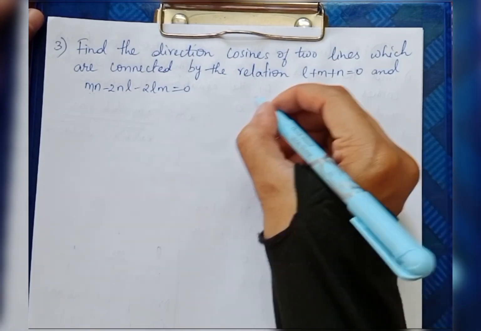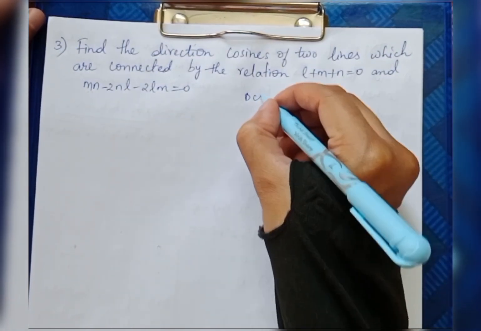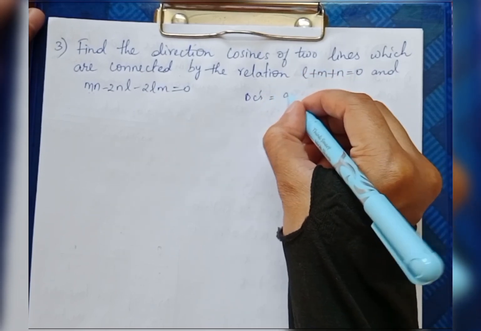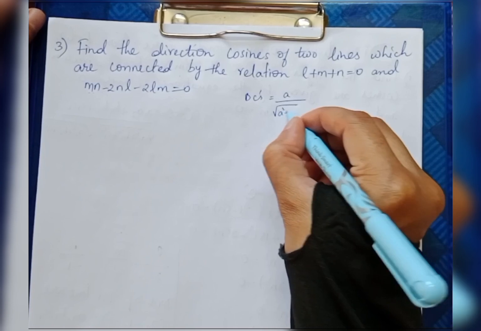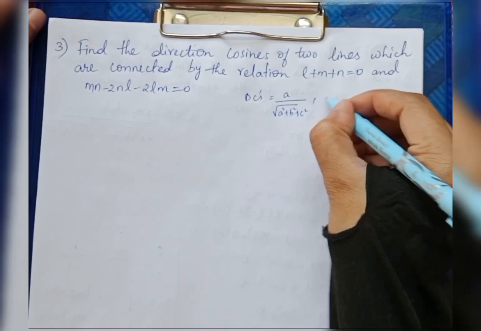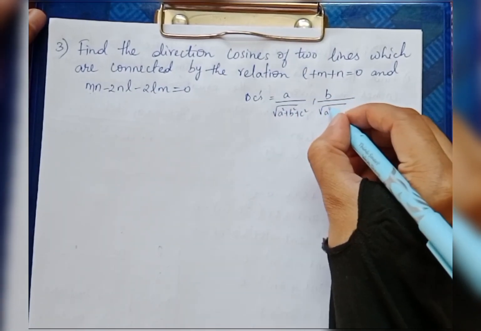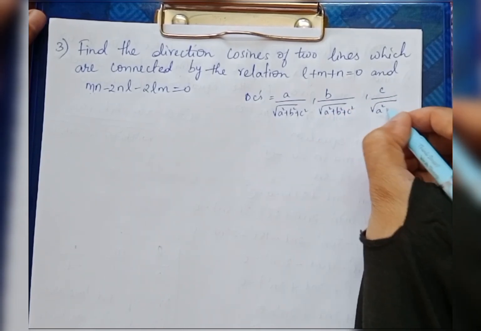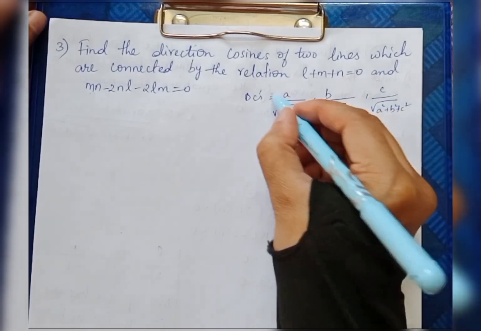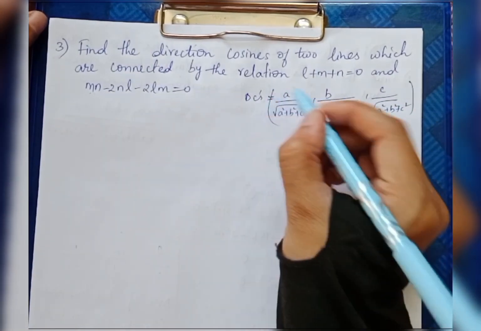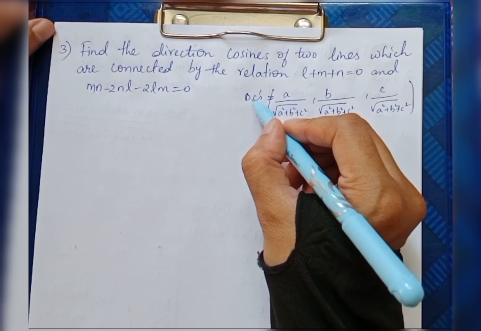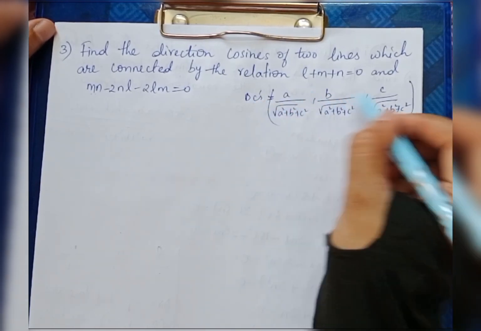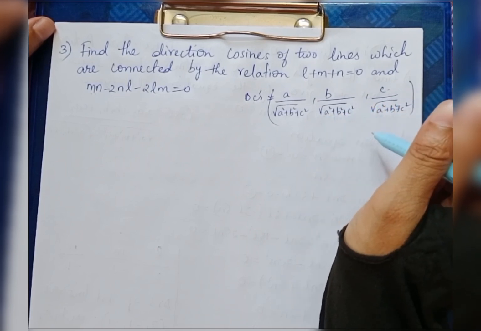In order to find the direction cosines, the formula is, direction cosines can be given by a by root of a square plus b square plus c square, comma b by root of a square plus b square plus c square, comma c by root of a square plus b square plus c square. A, B, C are nothing but the direction ratios. In order to find the direction cosines, first we have to find the direction ratios.